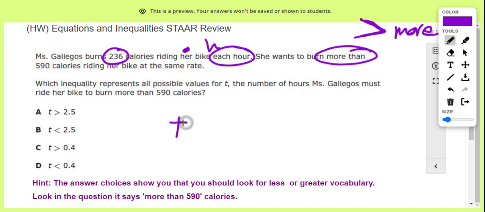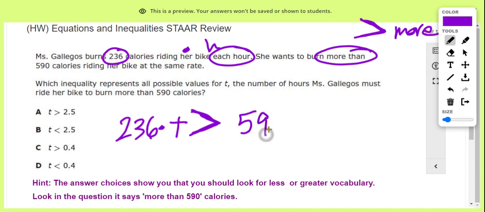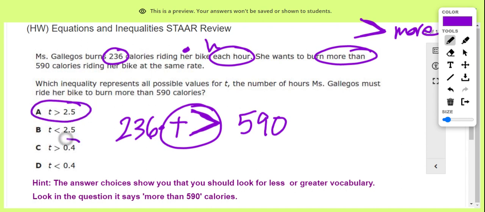So we have the total number of calories times 236, and that needs to be more than 590. So if we look at these symbols here, it could be this one or it could be this one. These are both less than. These are both more, or greater.